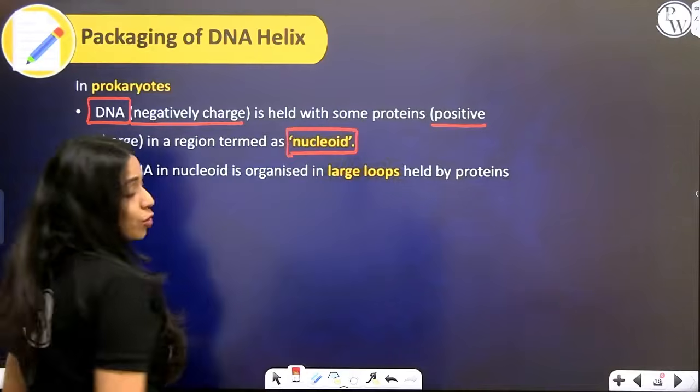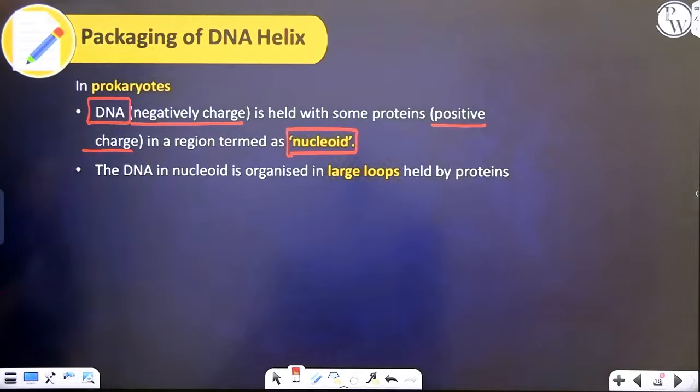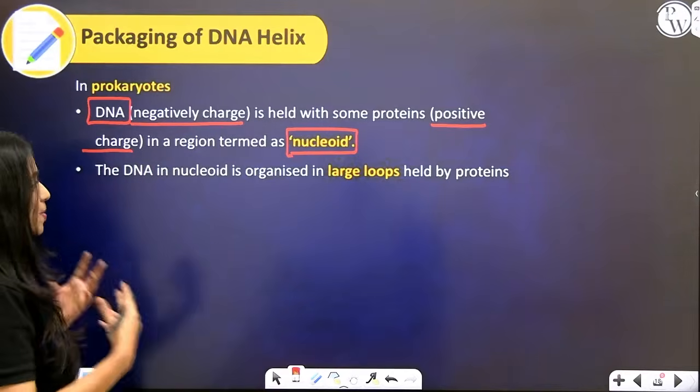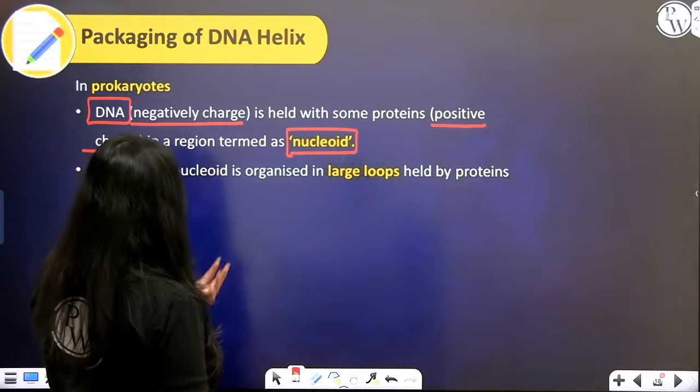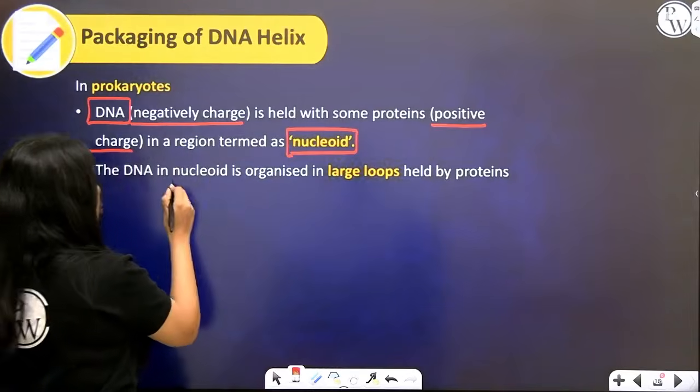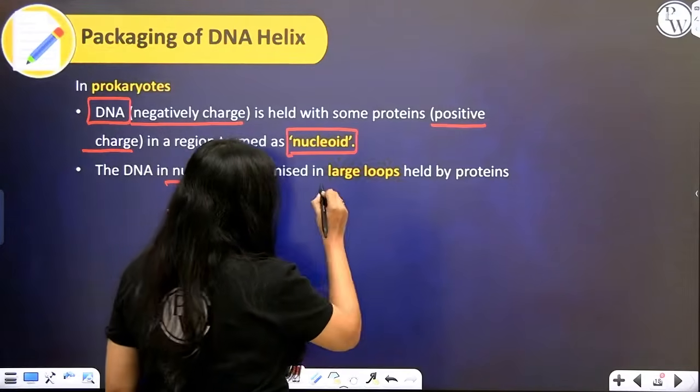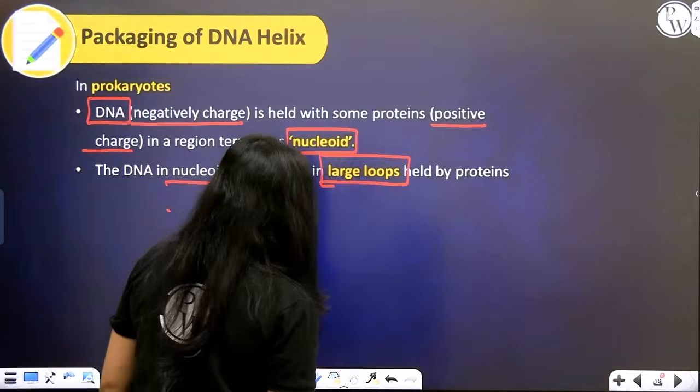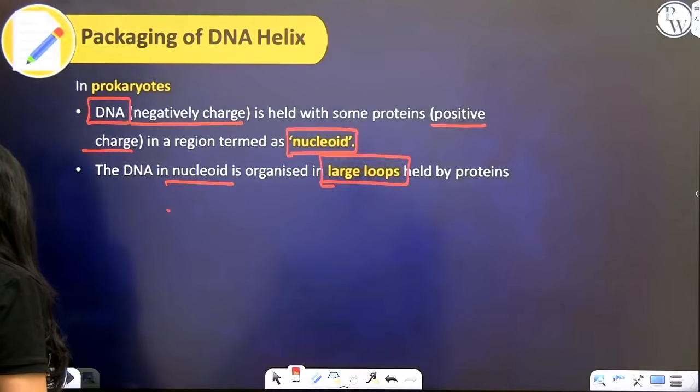Remember, prokaryotes do not have a nuclear membrane. So the DNA, along with certain positively charged proteins, is present in a region called the nucleoid. Within this nucleoid region, DNA is organized in large loops and that is held by proteins.